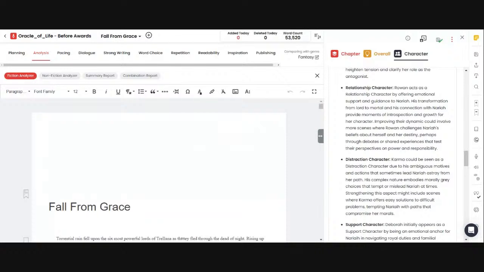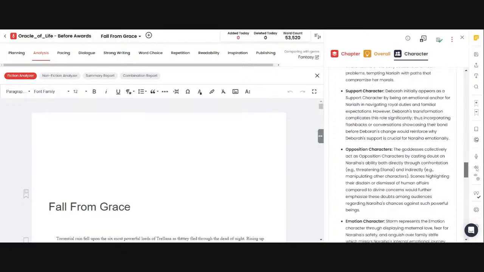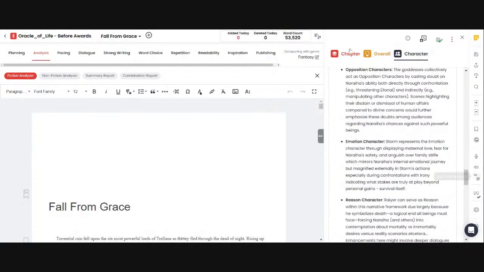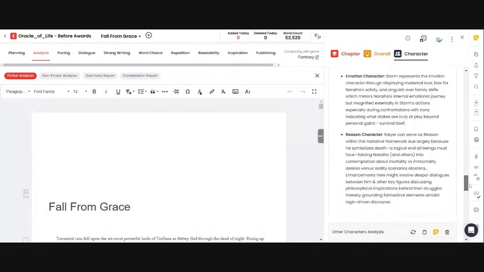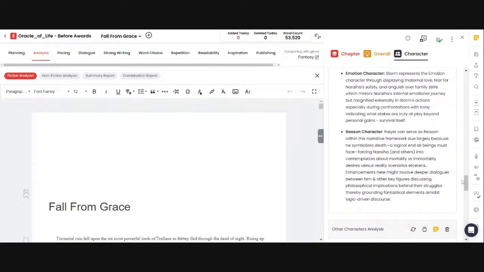That can be a mentor, that can be a friend, that can be a lover. Sometimes that is a romantic love interest. It can be a sister. Whoever that is would be a relationship. Distraction character, my support character, my opposition character, emotion characters, all of these are fleshed out, and it gives me reasons why all of those people are there.